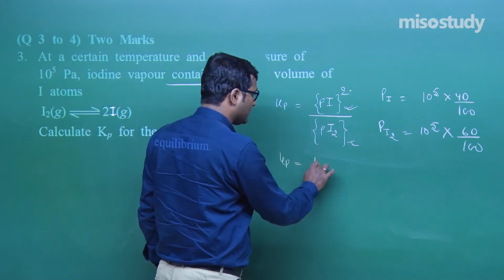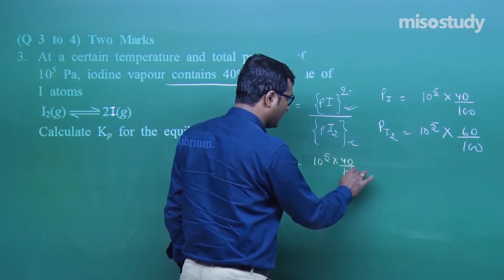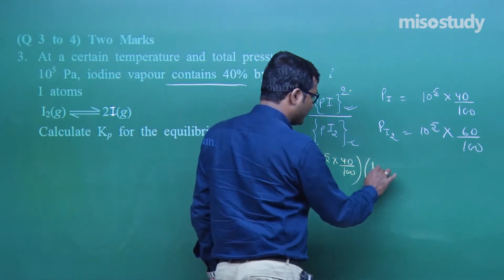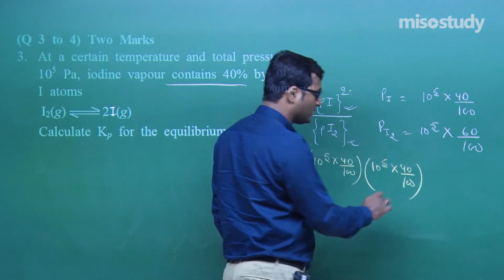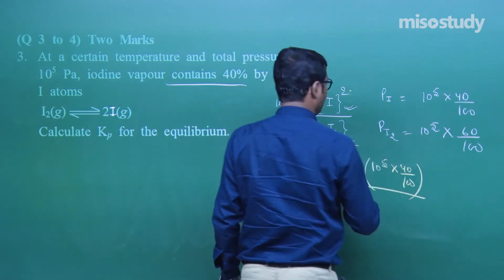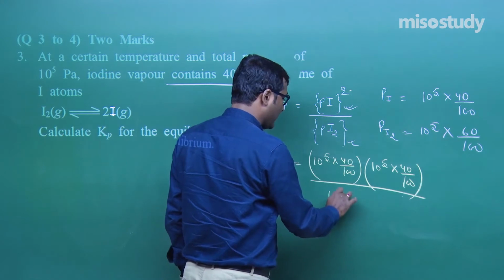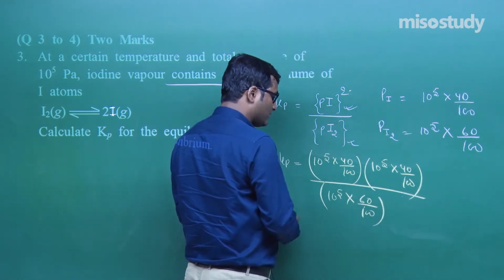Kp is equal to (10 to the power 5 multiplied by 40 upon 100) squared, divided by the partial pressure of I2, which is 10 to the power 5 into 60 upon 100. Now it is very simple.